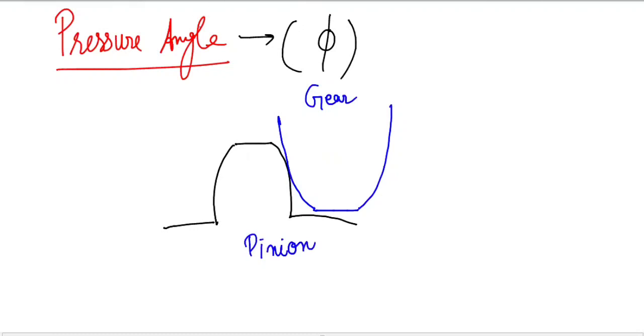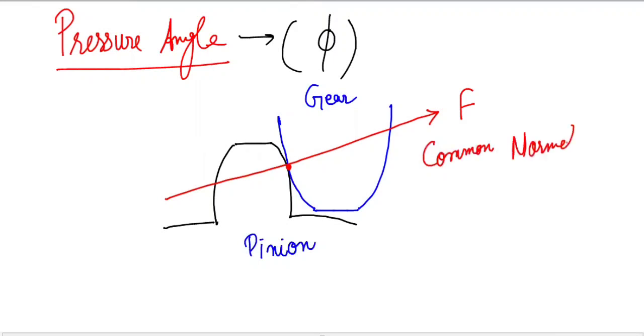So there is a line, Anjali. You can say that line is passing through over here. So there's a common point, na? Pitch point. That is a common point, pitch point. Through that there is a line, Anjali, and there is a force F, and that red line is known as, Anjali, what? Common normal. Okay. Common normal at which point?